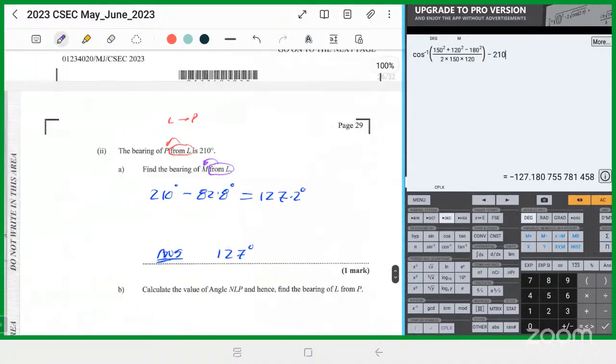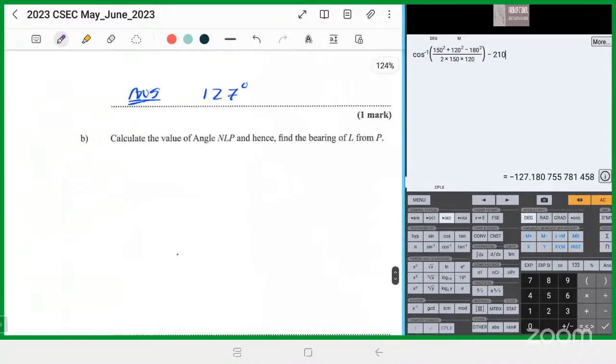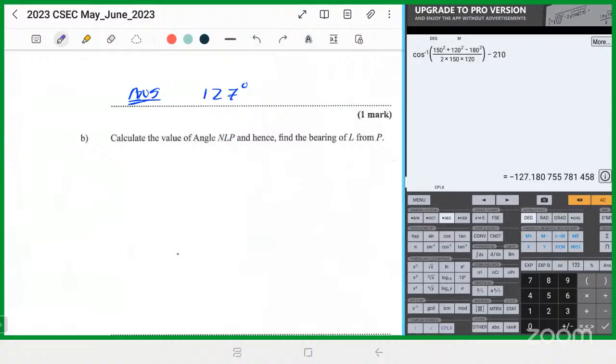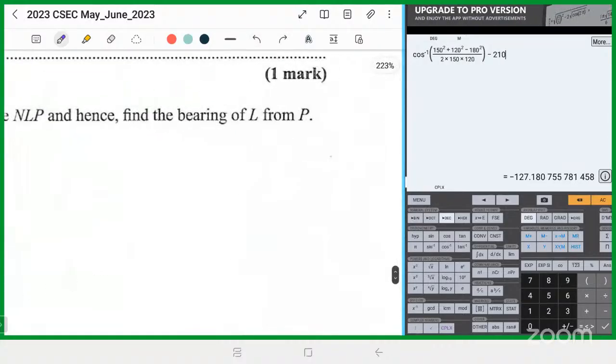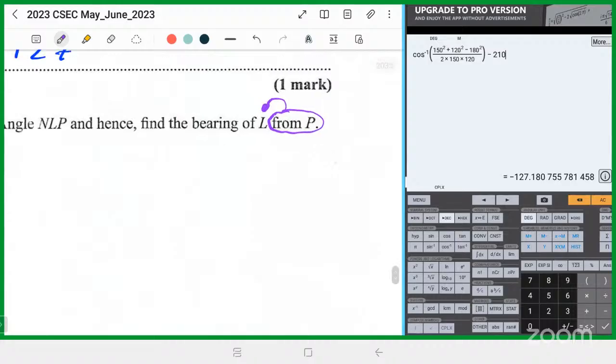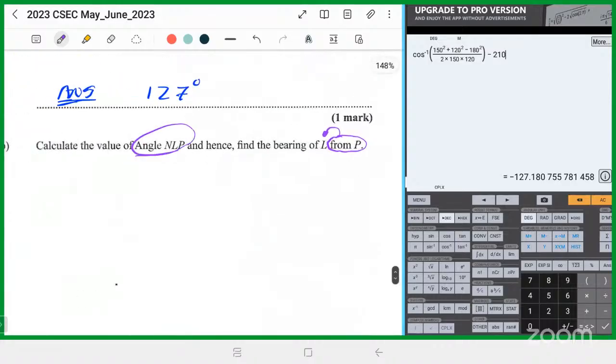What else I want us to find is to calculate the value of angle NLP and hence find the bearing of L from P. So now I want the bearing from P to L, but the first thing was to find this angle first.